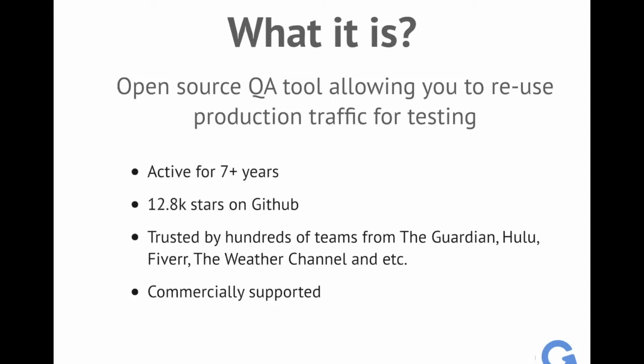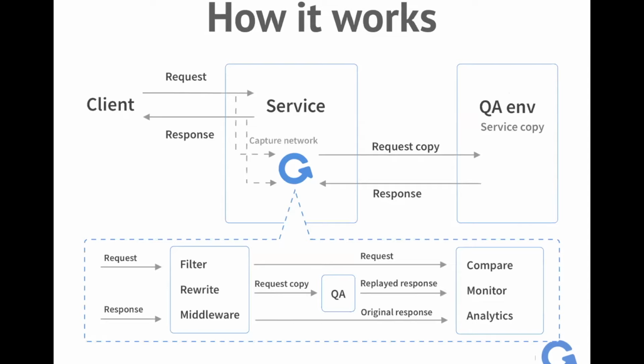So how does it work? There is no magic here, and the idea is actually quite simple. You have your service, and a client sends some requests to it, gets responses, and so on. GoReplay is essentially a daemon which sits on your machine together with your service, and it captures your traffic.